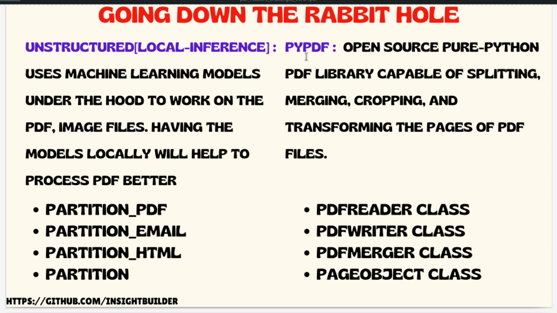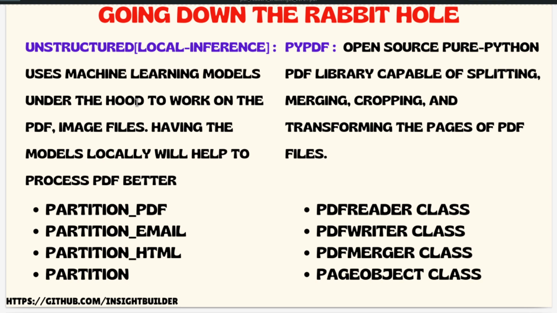When it comes to PyPdf, it is an open source pure Python PDF library. Unstructured is not purely Python. It can actually interface with other programming languages and applications also. We will be seeing how that is done. We will be installing a couple of software packages using apt install in Ubuntu, or in your particular Linux installation, in your native applications.